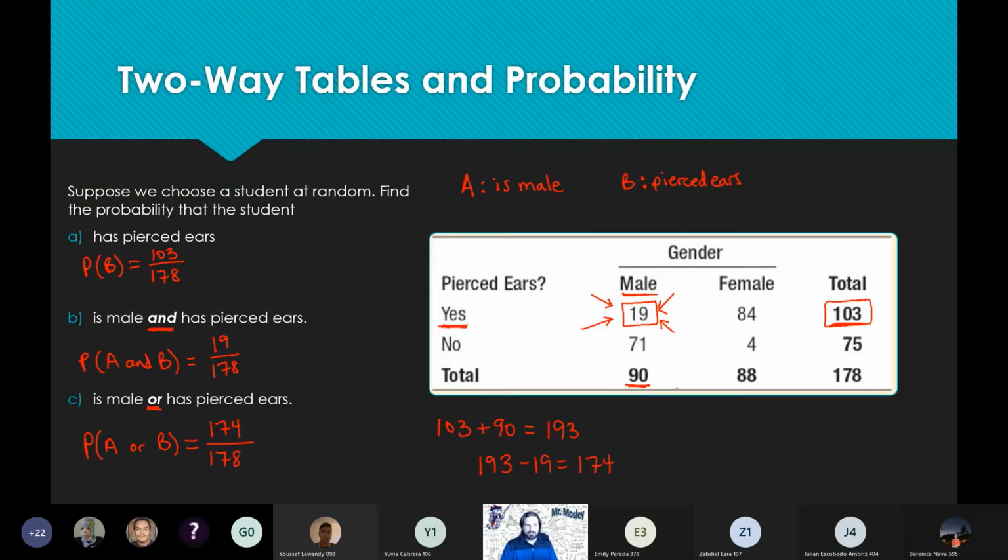We could also determine this by just adding everything within that part: male with pierced ears, male without pierced ears, females with pierced ears. The only number we're excluding is that 4 that is neither of the two situations.